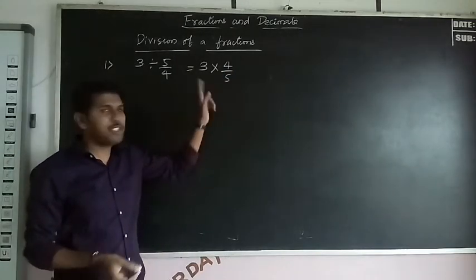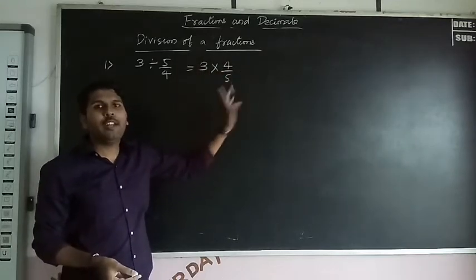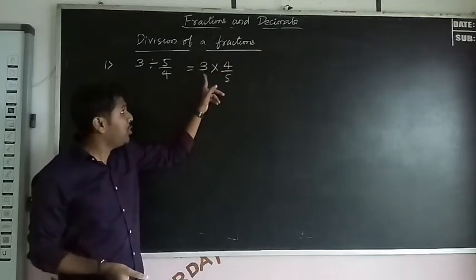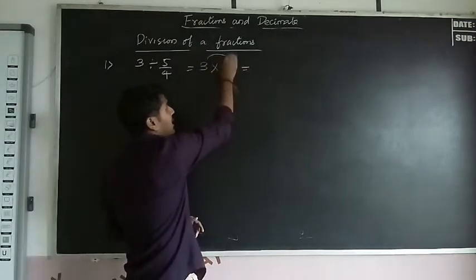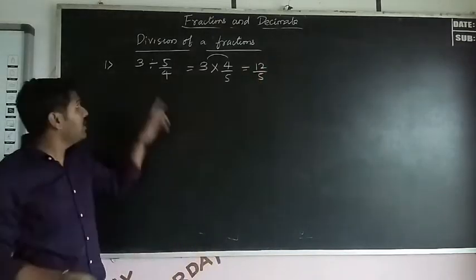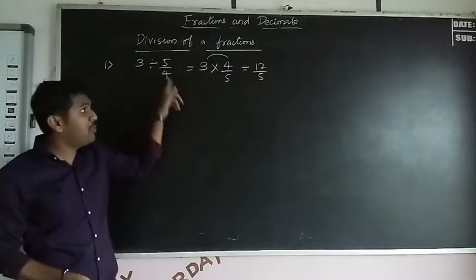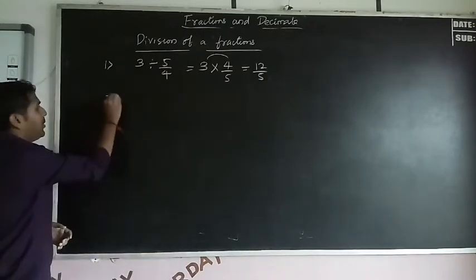You already know the multiplication of fractions. Just multiply numerator to numerator and denominator to denominator. But here denominator is 1, so just neglect it. So 3 4s are 12 by 5. So what is the answer of 3 divided by 5 by 4? 12 by 5. Okay.